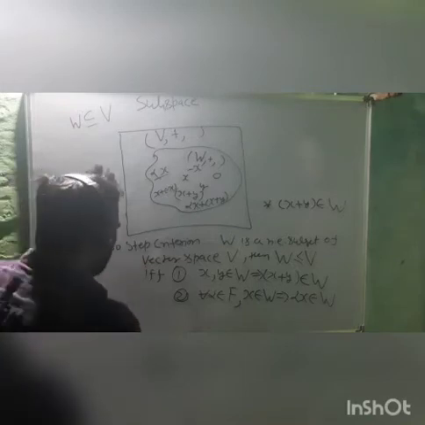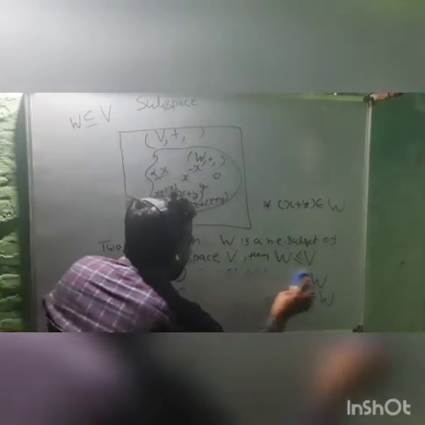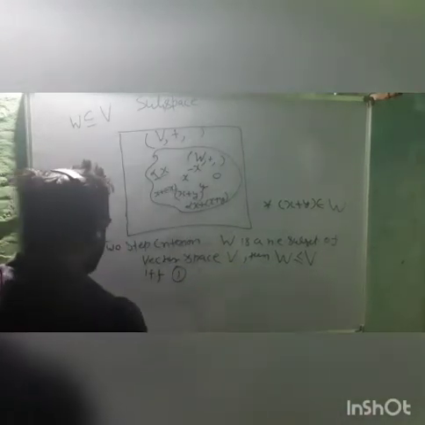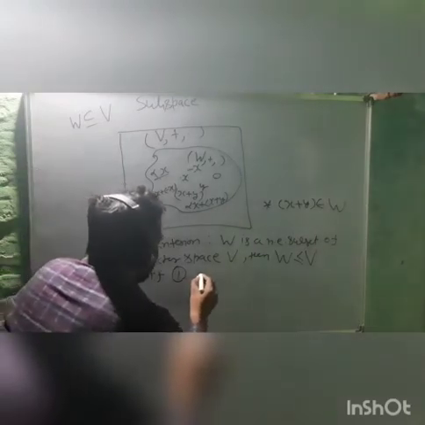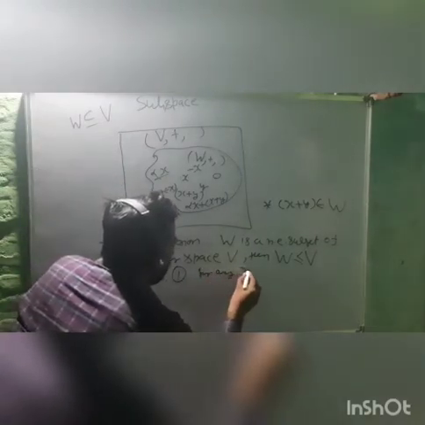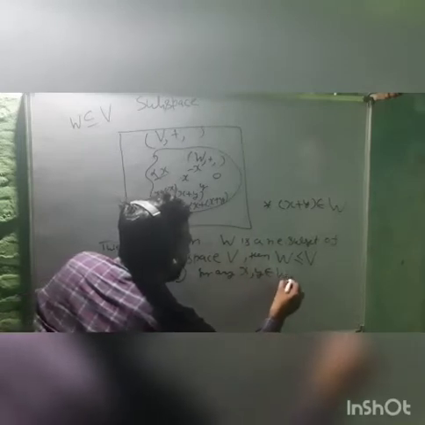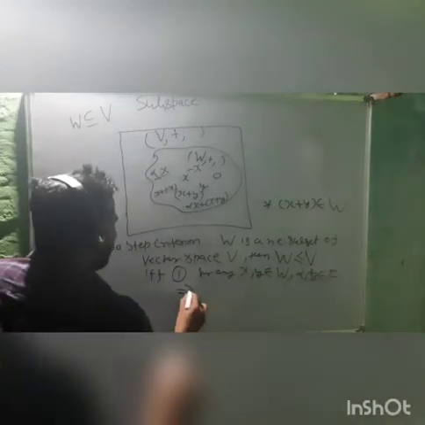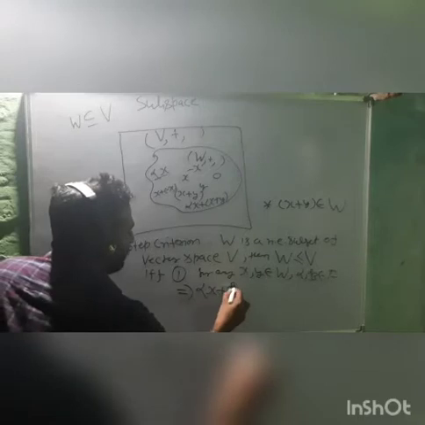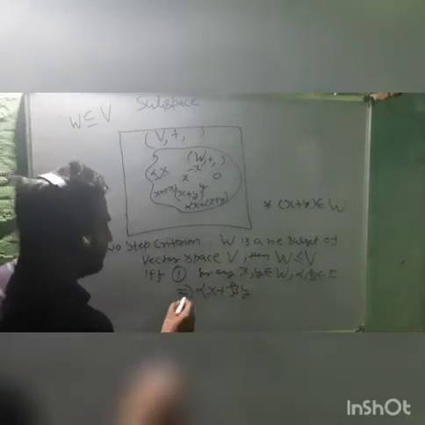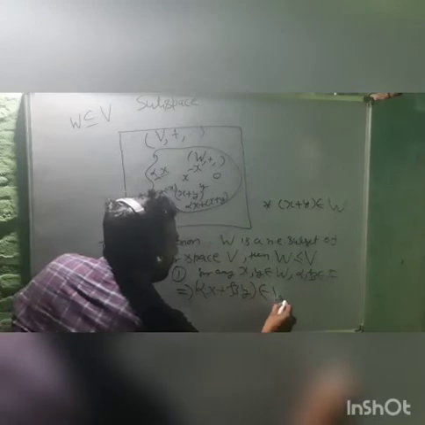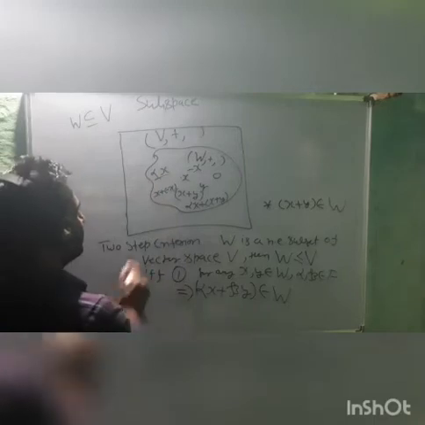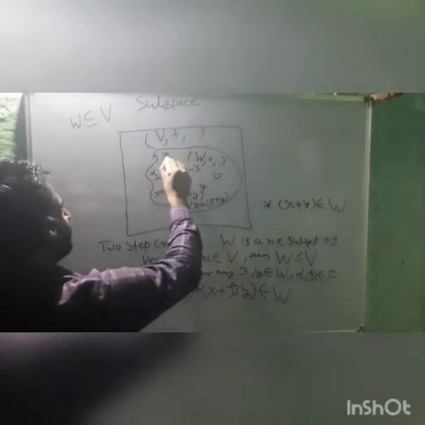So what does it say? It says that for any two vectors x, y from W and alpha, beta any scalars, alpha x plus beta y must also be in W. And of course, from this logic you can see if alpha x is here, then beta y is also going to be there.